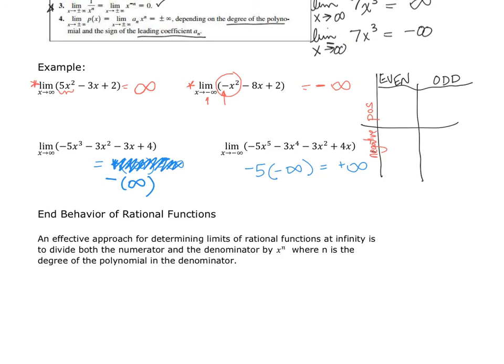So if we had an even degree and it was positive, we knew it was going to go up on the ends, and if it was negative, it was going to go down on the ends.